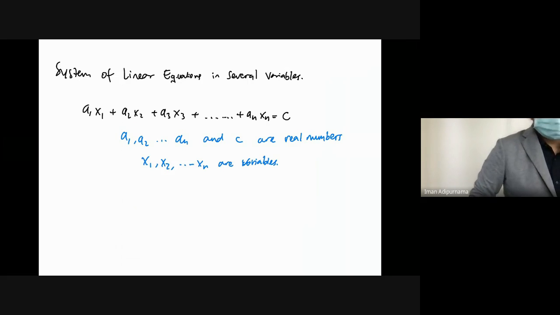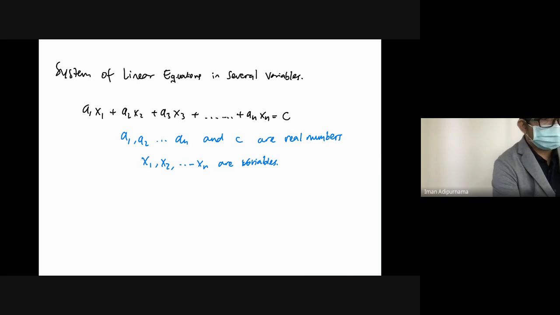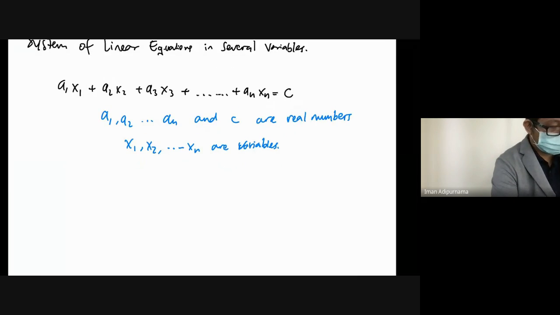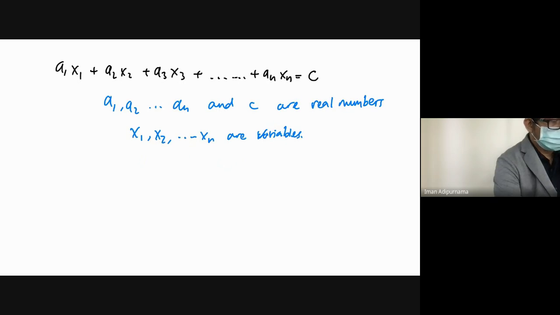We have done the system with two variables, x, y. We may have x, y, z, so let's look at x, y, z.